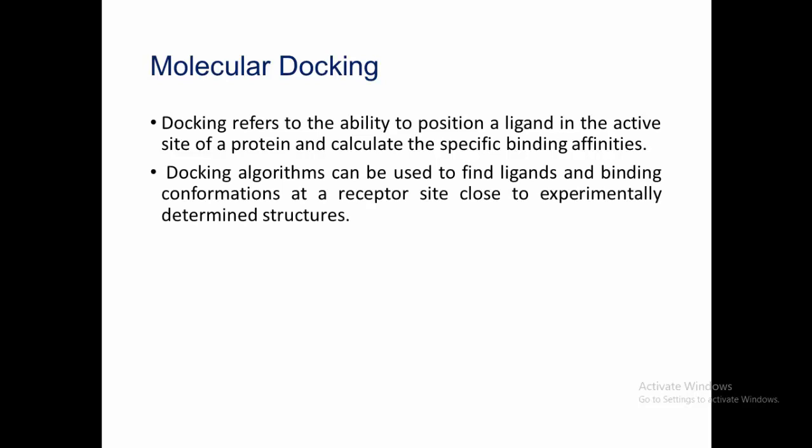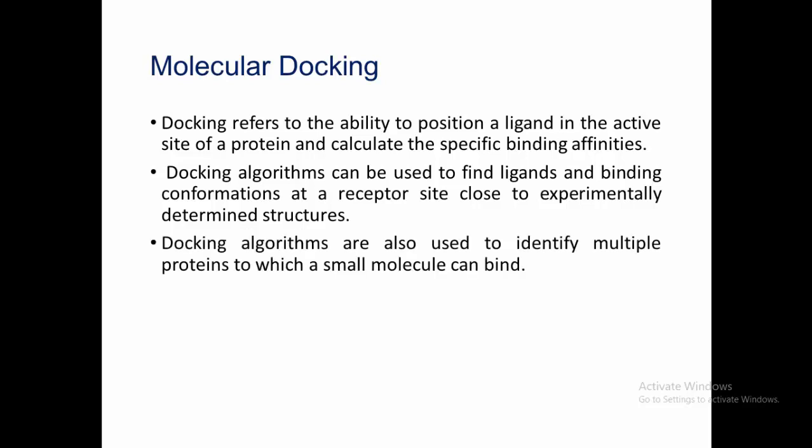Docking algorithms can be used to define ligands and binding conformations at a receptor site close to experimentally determined structures. So we can use molecular docking to predict the binding conformation of the studied ligand or molecules into the binding site of the protein, and the result will be a conformation very close to the experimentally determined structure.